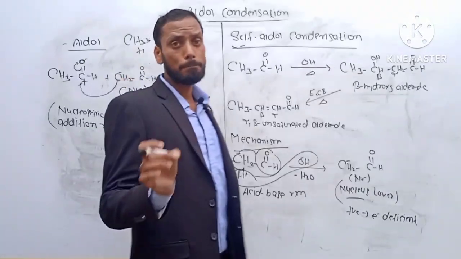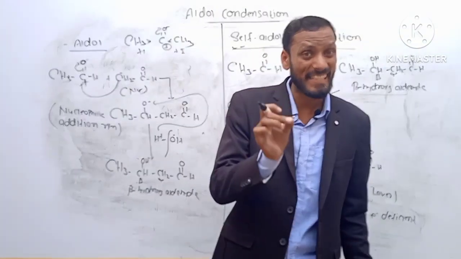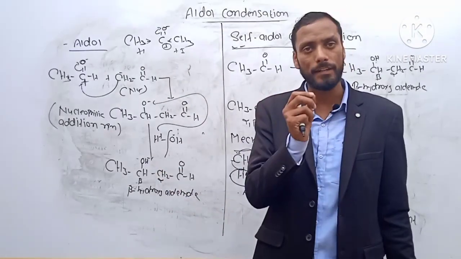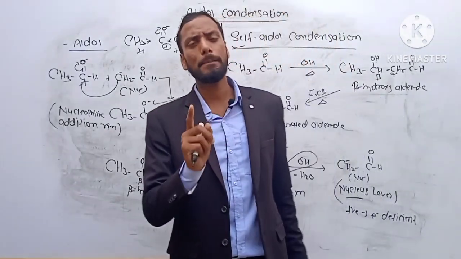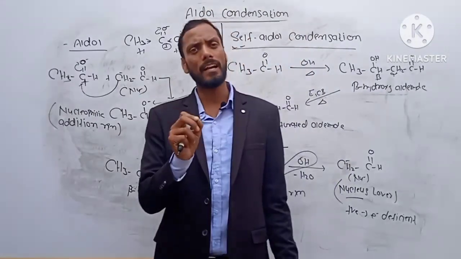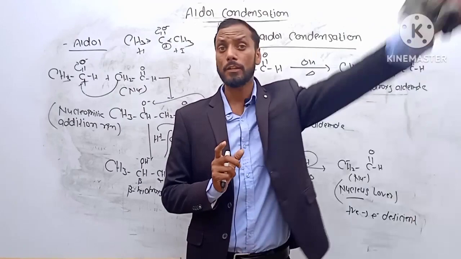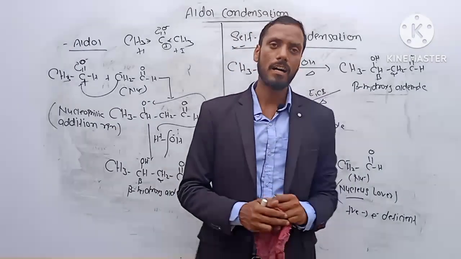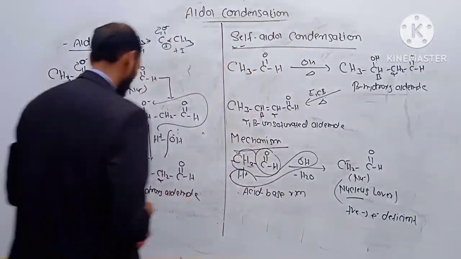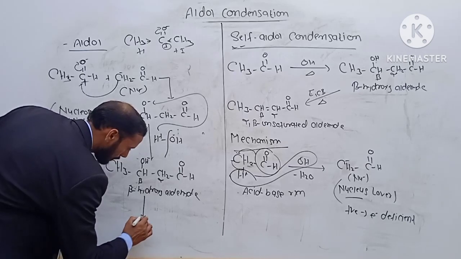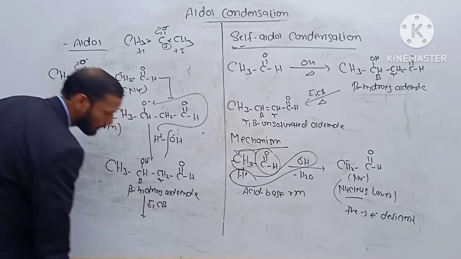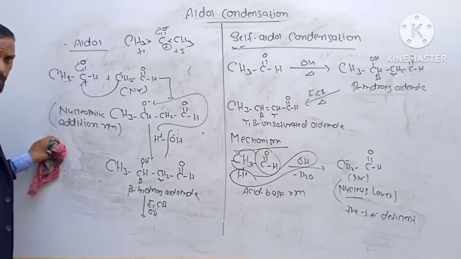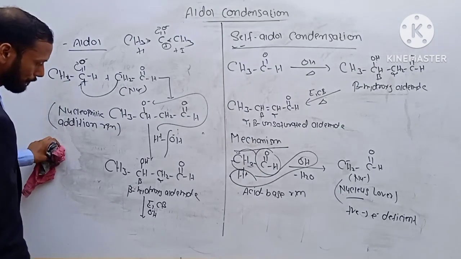Now, by E1CB reaction, it loses a water molecule and forms alpha beta unsaturated aldehyde. E1CB is elimination unimolecular via conjugate base. So let's start with E1CB. OH minus is the base. Now listen to me.